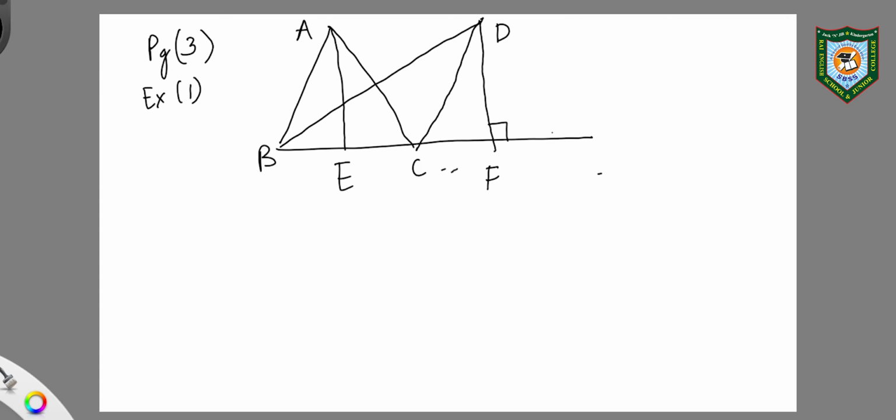Now the question says that in the adjoining figure, AE is perpendicular to segment BC and DF is perpendicular to line BC. If AE is equal to 4, that means this value here is written as 4. Make sure you write the values given in the question in your diagram so that you do not face problems while solving the questions. And the value DF is equal to 6.